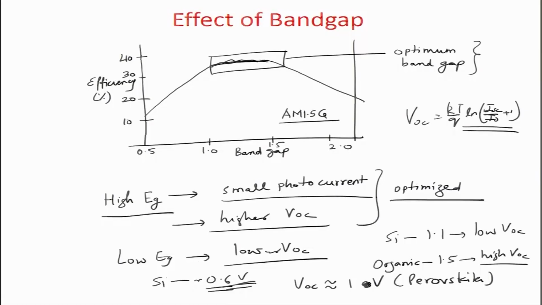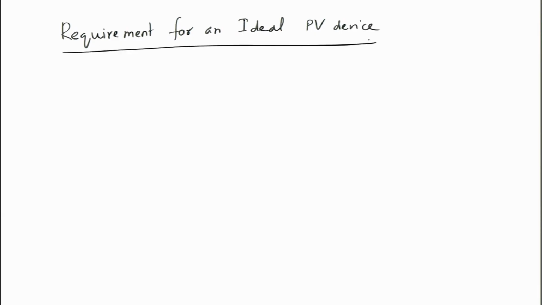And so, the requirements that you want to have for an ideal solar cell device: so, first is any material must have a band gap, which means it must be a semiconductor.